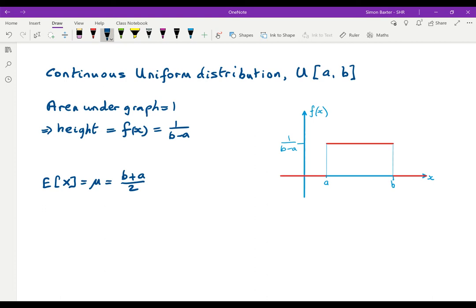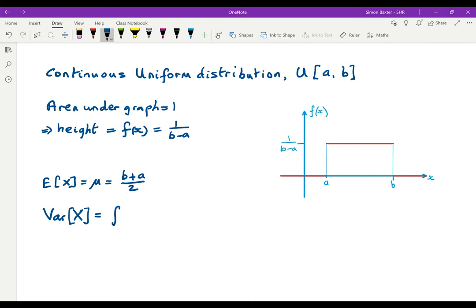Well, what about the variance? We can't just spot that. If we're going to look for the variance, then we need to use the formula. Well, there are two formulae. There's the integral of x squared f(x) minus mu squared, and there's also the integral of x minus mu squared f(x) dx. That latter one just happens to give me some nice algebra.